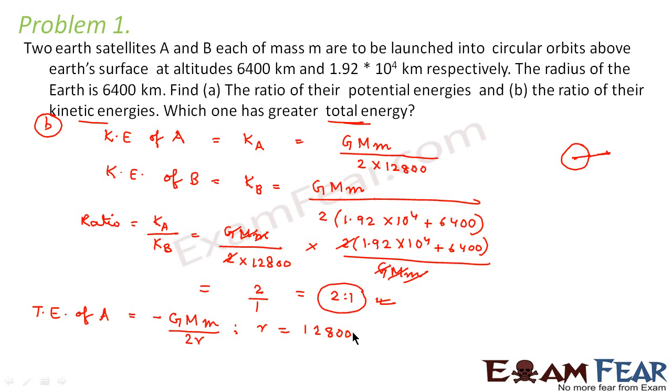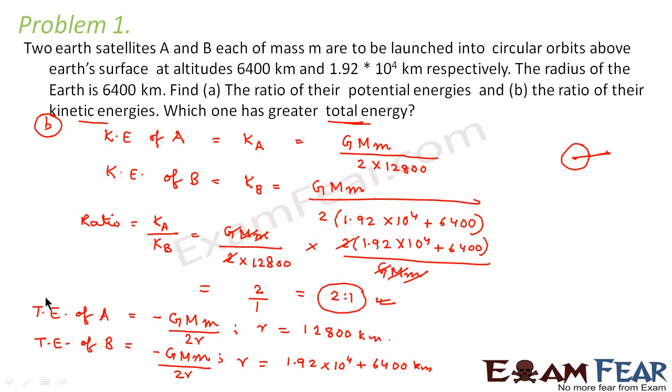This is the value of R. Now, similarly, let us write what would be the total energy of B. So we'll apply the same formula: minus G into capital M into small m divided by 2R. But in this case, R would be 1.92 into 10 to the power 4 plus 6400. So this would be the value of R.